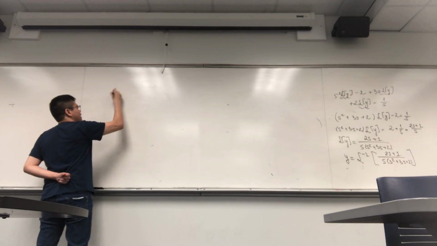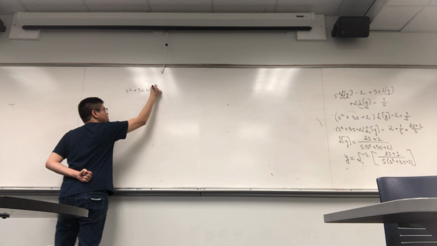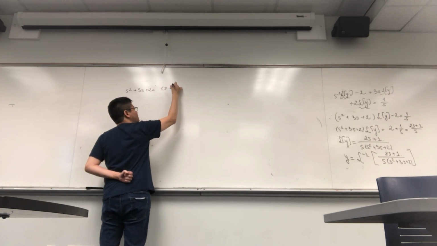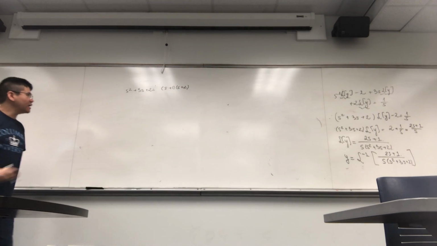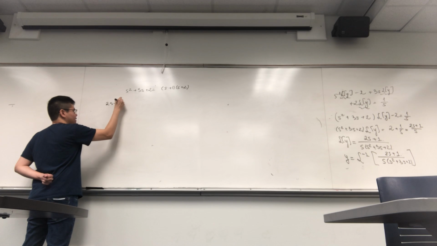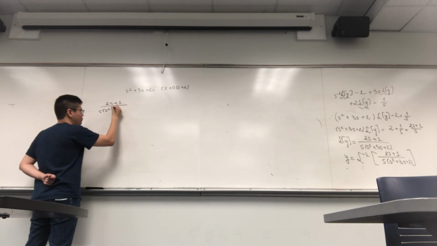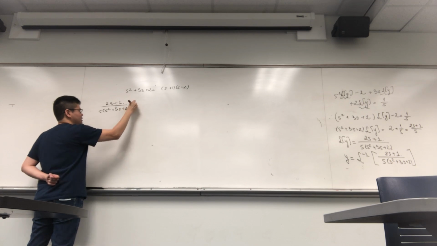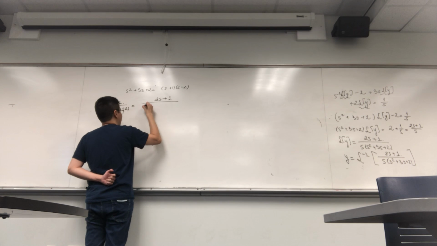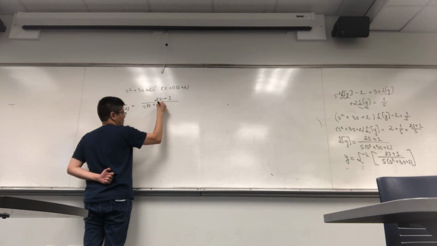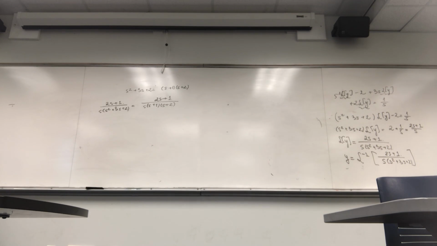So you observe that s squared plus 3s plus 2 is s plus 1 times s plus 2. Which means that 2s plus 1 over s squared plus 3s plus 2 is going to be 2s plus 1 over s plus 1, s plus 2.